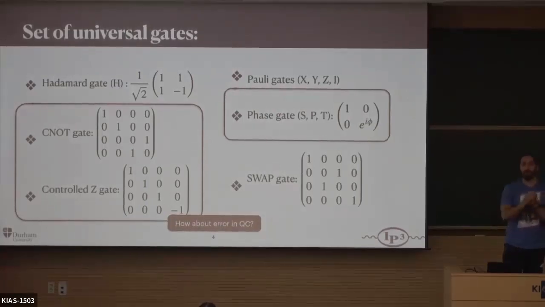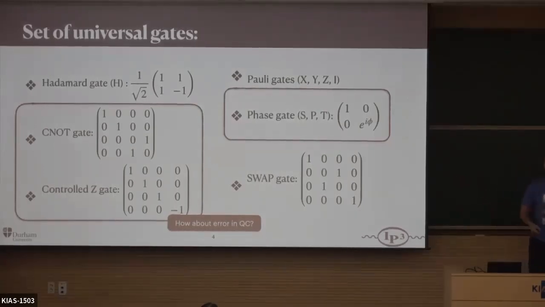Depending on how precise you want the rotation to be, you're basically implementing layers and layers of rotation gates. Same with CNOT gates. For example, if you want to correlate multiple qubits together, you embed basically layers on layers of CNOT gates.